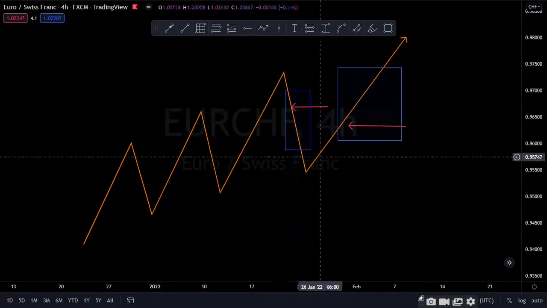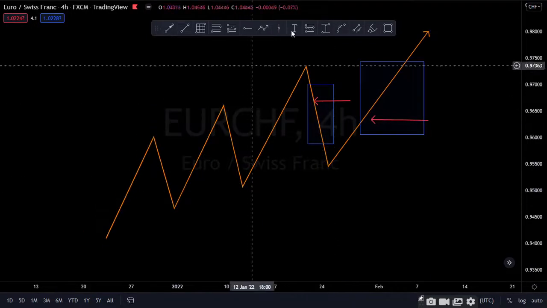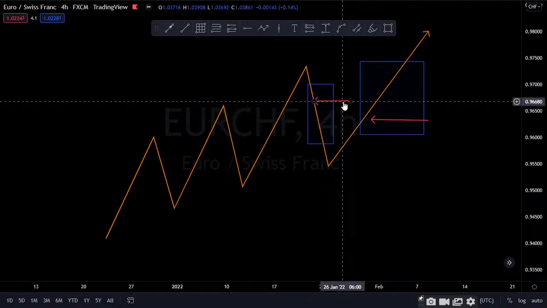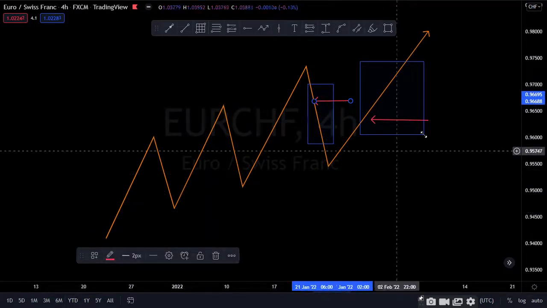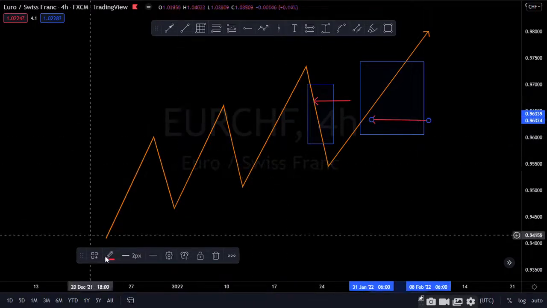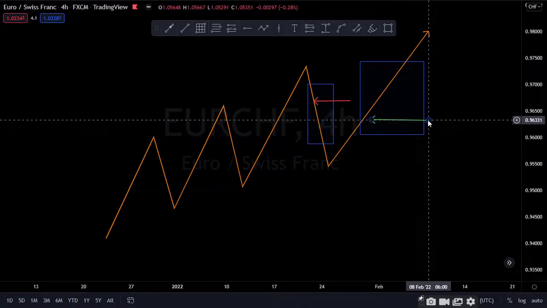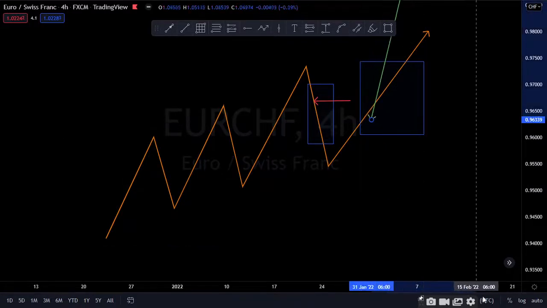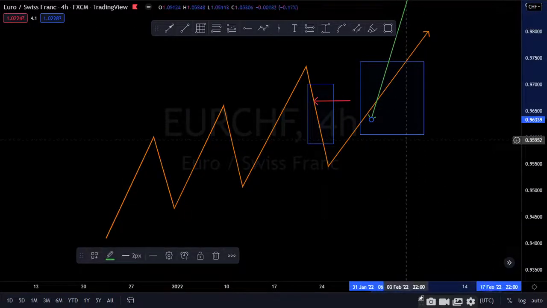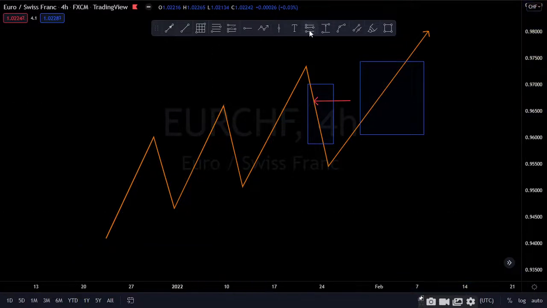So when we are in uptrend, let me make this one red and then make this one green. I try to make everything simple for you. Let me delete it.